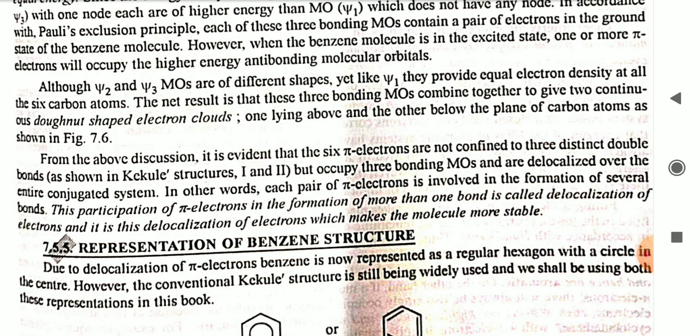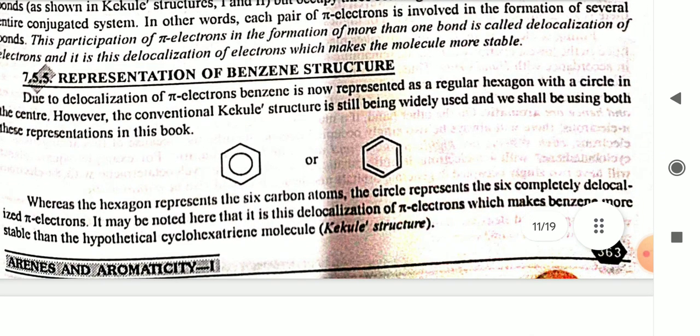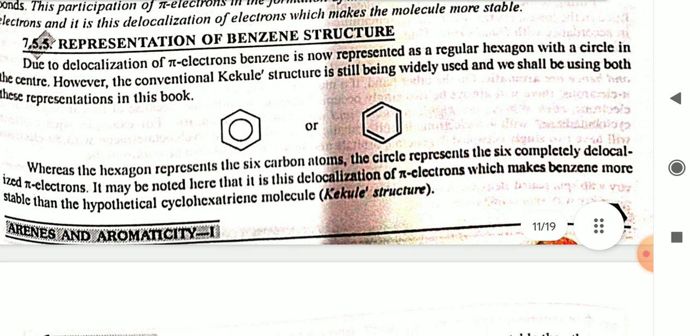Representation of benzene structure. Due to delocalization of pi bonds, benzene is now represented as a regular hexagon with a circle in the center. However, the conventional Kekule structure is still widely used, and we shall use both these representations in this book.